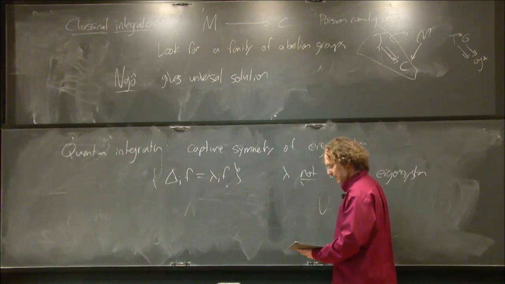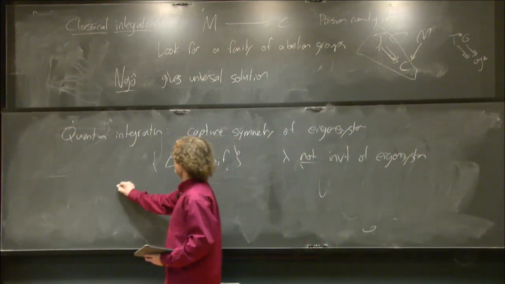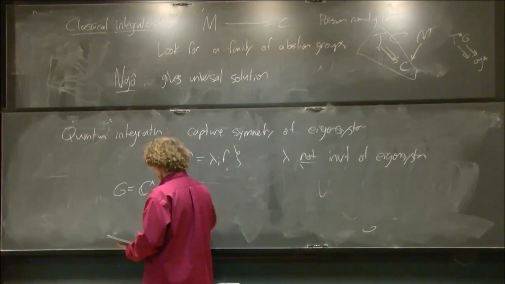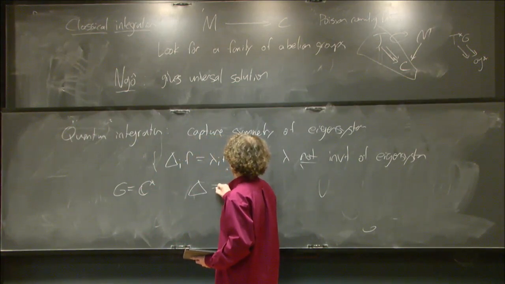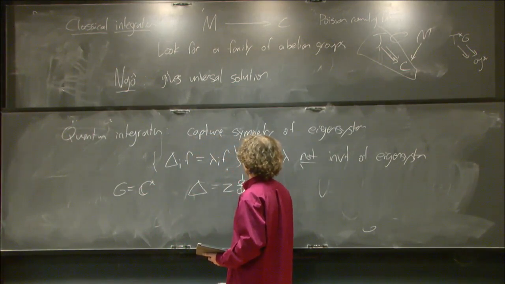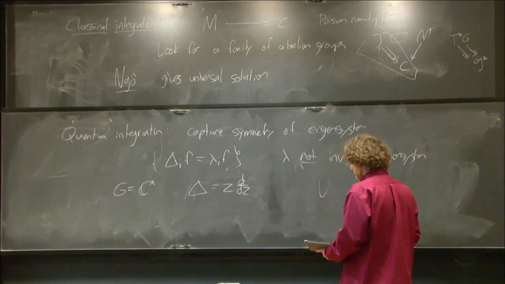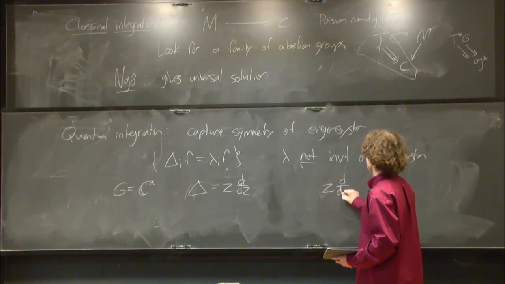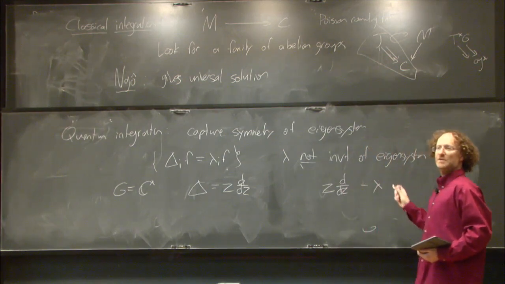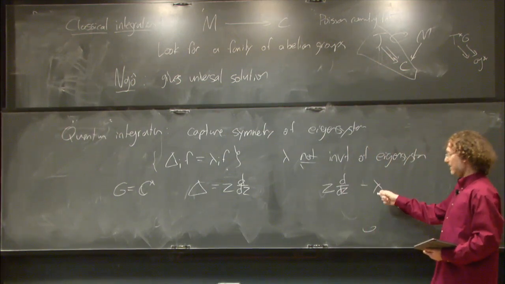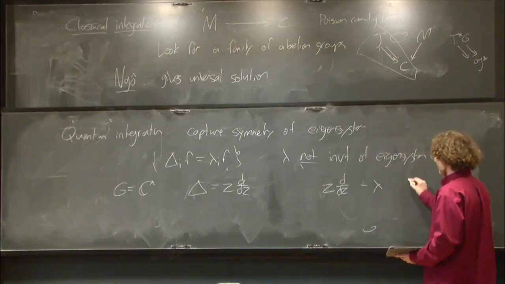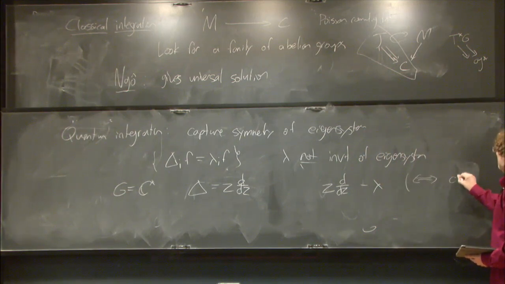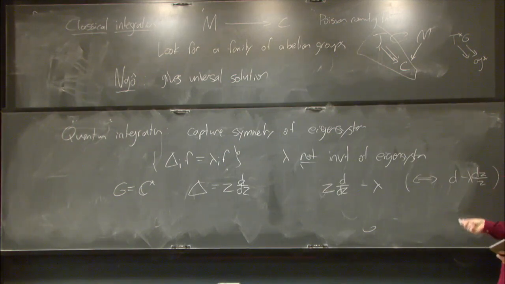So let's give the obvious example. Let's take the group to be C star. Let's take our operator, it's just the operator z d/dz. And so the Harish-Chandra system in this case just becomes the system z d/dz minus lambda. We're just looking at eigenfunctions of z d/dz. Or if you'd like, you can think of the flat connection d minus lambda dz over z on C star.